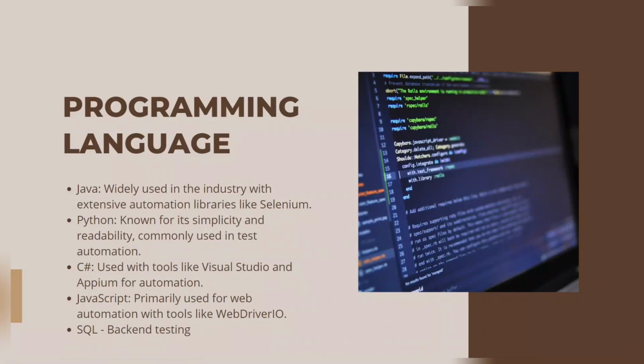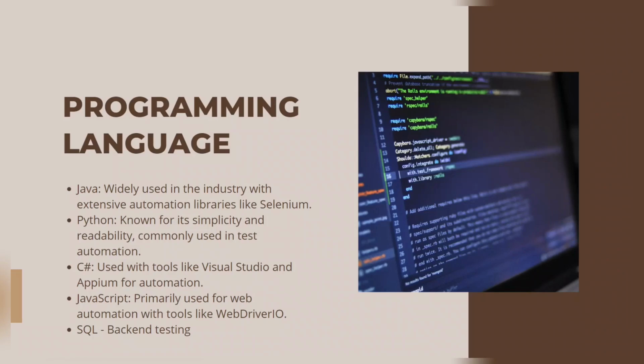Okay. Apart from Java and Python, we have C Sharp and JavaScript. Nowadays, I'm seeing most of the openings using JavaScript for Cypress and Playwright. So you can learn JavaScript as well. If you want to work on those particular tools, you need to have knowledge of JavaScript.